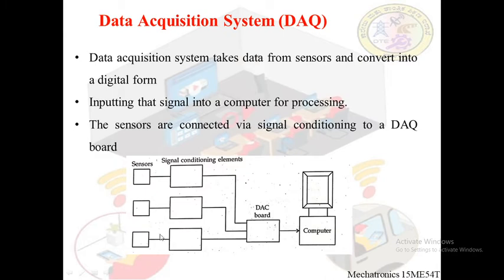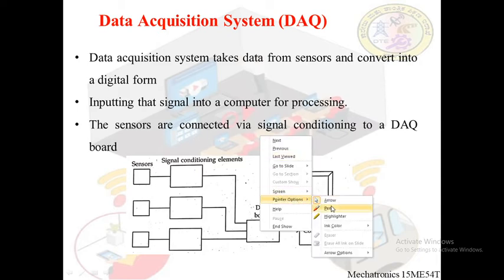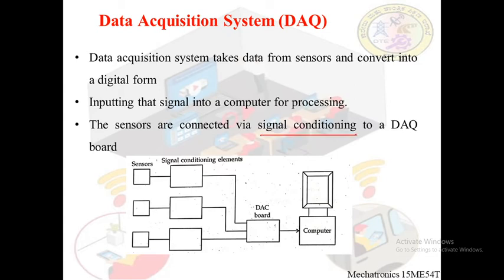The sensors may be producing a very weak or very strong signal, or a signal which needs some additional filtration, which is done using signal conditioning. Signal conditioning ensures the signal is at a proper value before it is fed to the data acquisition.